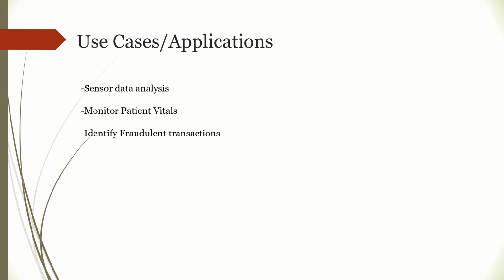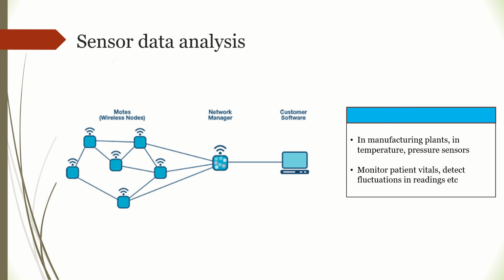The other is identification of fraud or fraudulent transactions or cooked up reports or cooked up expense reports. So these are broadly two categories where we can apply anomaly detection use cases.